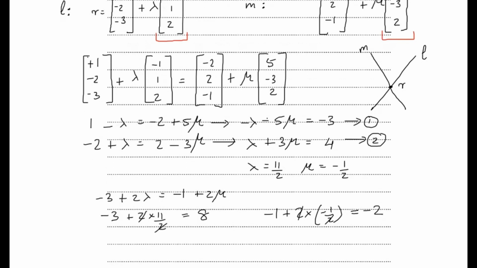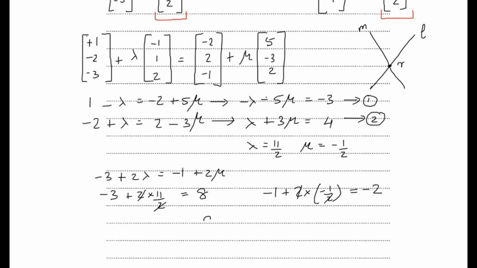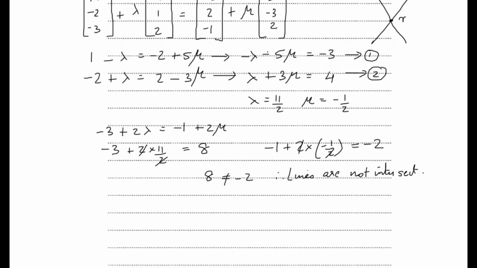So 8 is obviously not equal to negative 2. Therefore, the lines do not intersect. If they were intersecting, a lambda value would work for all three rows and so would the mu. So finally we come to the conclusion that if it's neither parallel nor intersecting, it must be skew. So the lines are skew.